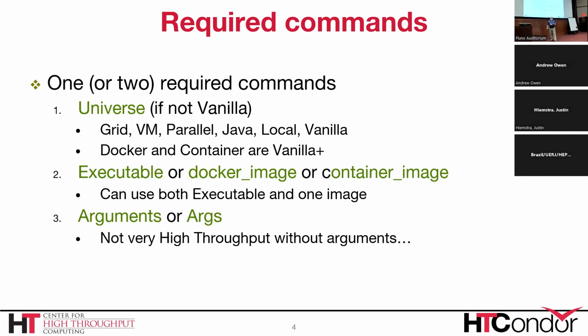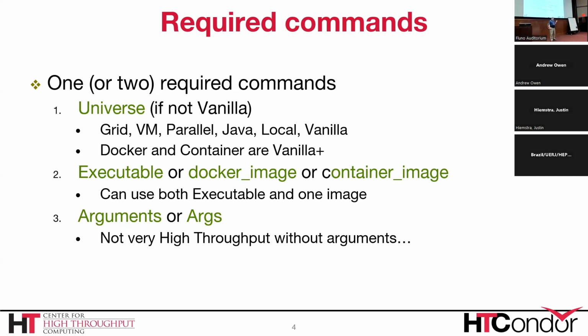Then if you're using anything other than vanilla universe, you need a universe statement that tells us what universe. And that universe statement, for the most part, does two things. It enables a whole bunch of submit commands based on the universe. And then later on, it tells the AP and the execution point certain specific things to do for certain universes.